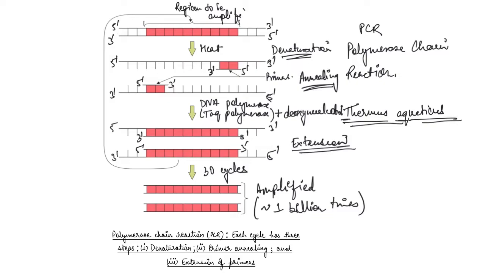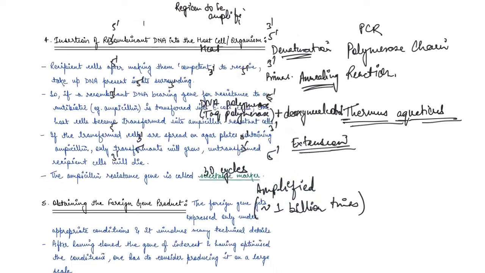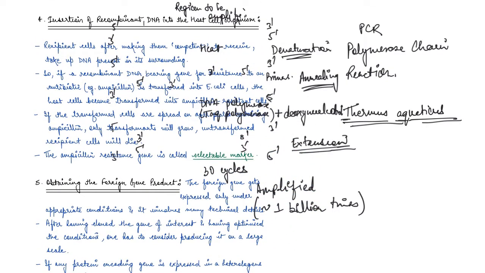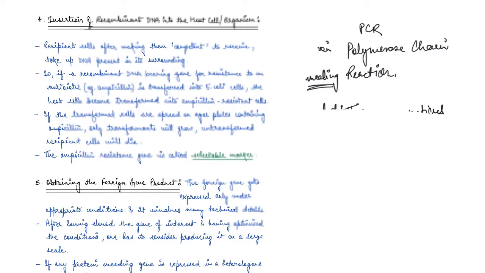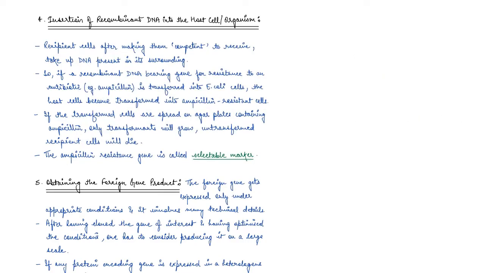So now we have got the gene which is to be added into the host. So the next step would be insertion of this recombinant DNA into the host, right? So the next step is insertion of this recombinant DNA into the host. Again, we studied in the last video that there are several methods through which you ligate the DNA into recipient cells.